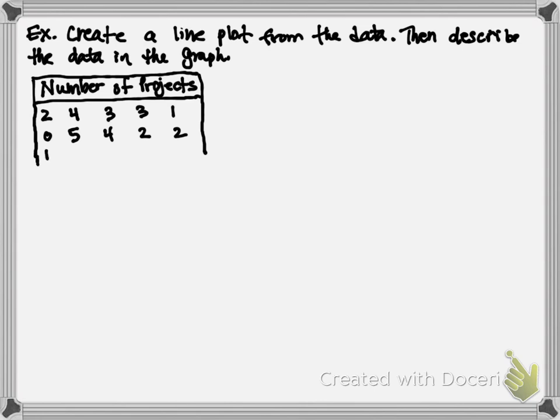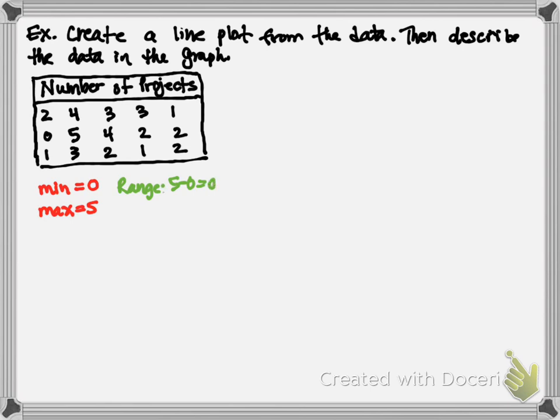We have 1, 3, 2, 1, 2. So quick span, I see my numbers are going from 0 to 5. That's pretty easy. We've got a minimum of 0. We have a maximum of 5. The range is going to be 5.